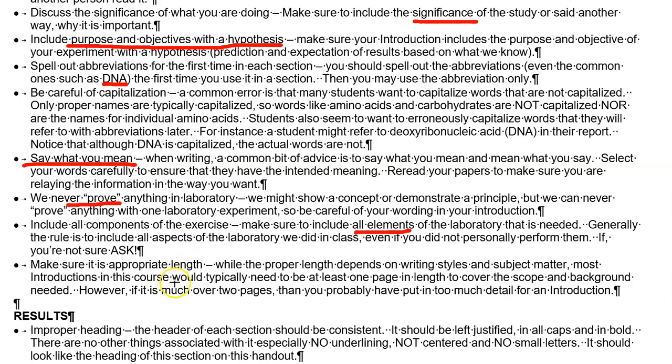The other one is make sure it's the appropriate length. The proper length depends on the writing styles, the subject matter, what you decide to present, and things like that. But generally, at least 1 page in length to cover the scope and background is needed. If you start to go over 2 pages, it's probably becoming too detailed.